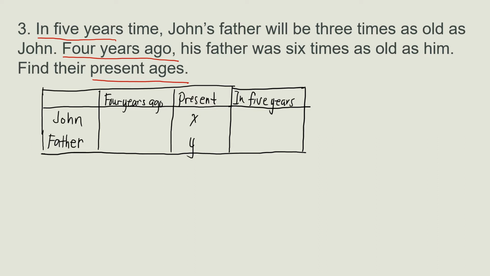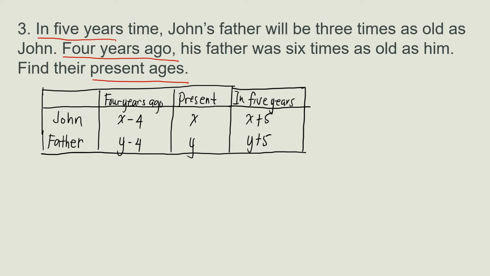If their present age is X, then 4 years ago this will be X minus 4, and for his father it would be the same thing, Y minus 4. Next, in 5 years, meaning after 5 years, that is plus 5 from their present age. So you will have X plus 5, and for his father, Y plus 5. We're done with the representation here.